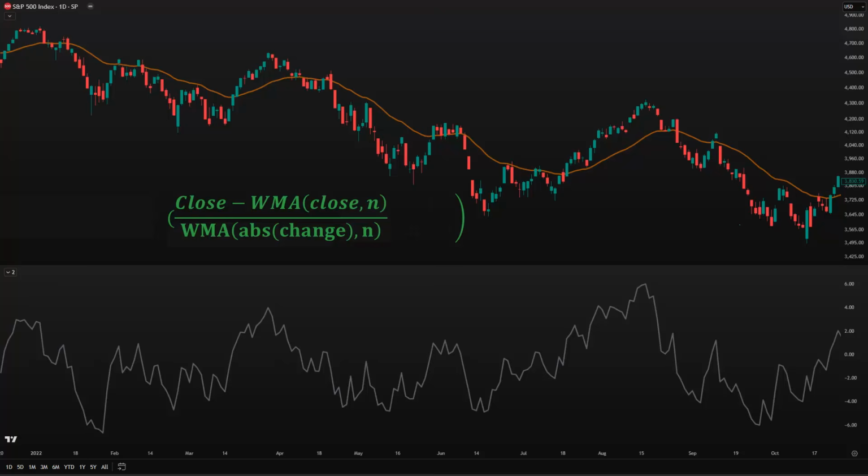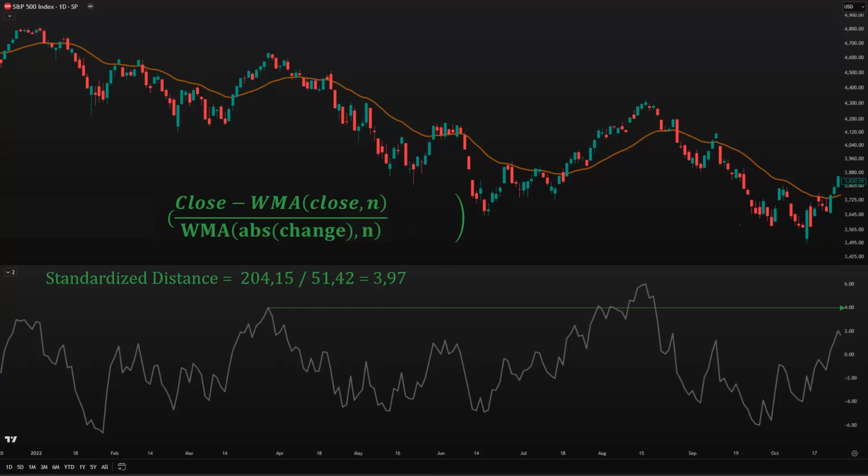That's why we need to standardize it by volatility. This tells us how big this move is compared to what's normal. In this case, the market's average daily absolute change was 51.42 points. So we divide 204.15 by 51.42, which equals 3.97.